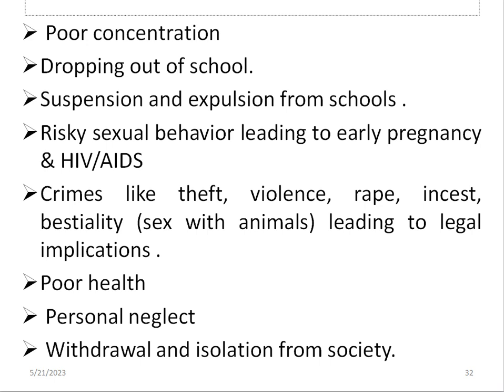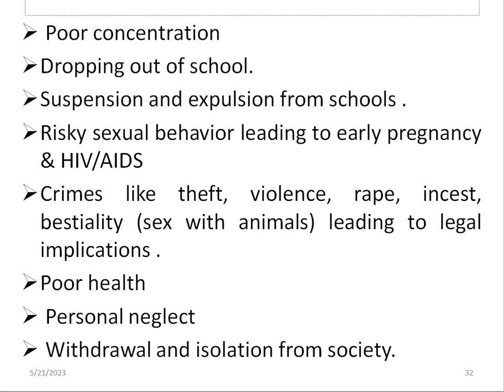There is also poor concentration and dropout from school by drug abusers. Suspension and expulsion from school will result or is seen mostly among drug abusers. All this is informed by a lot of social research that has been done.